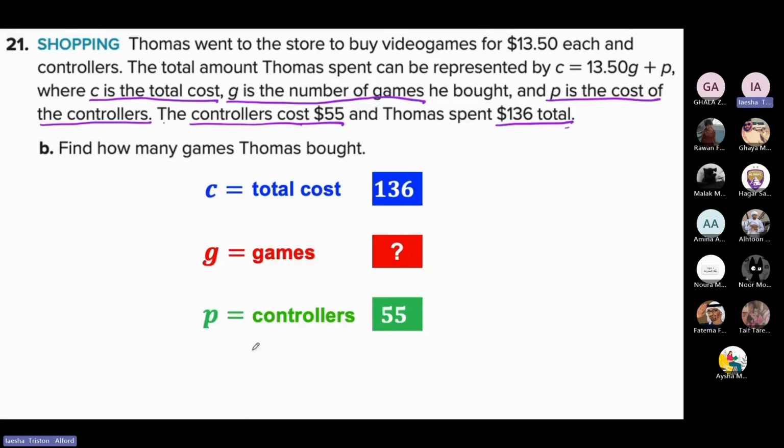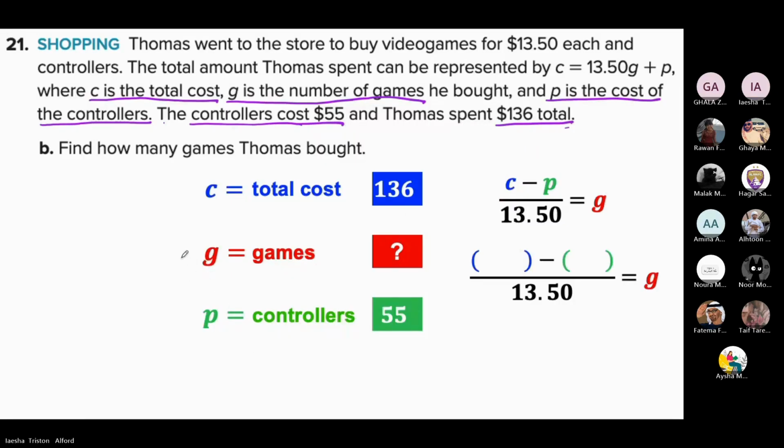Part 3. You write your equation from part 1. You're not writing C, put parentheses. You're not writing P, put parentheses. What number is C? 136. And what number is P? 55.